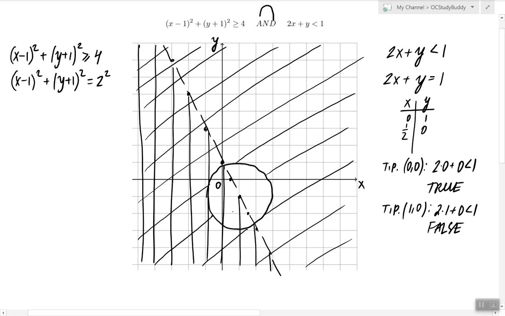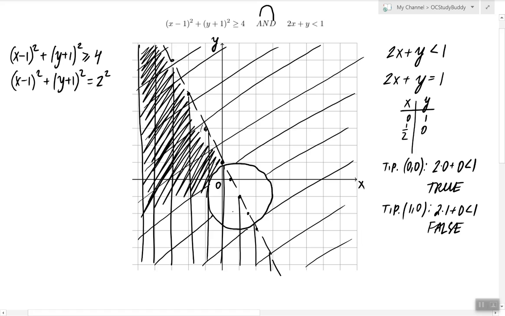And since we're solving the "and" inequality, that means I have to find now the intersection of these two regions. The intersection is below the line and outside the circle. So the intersection of the two solution sets is the following.